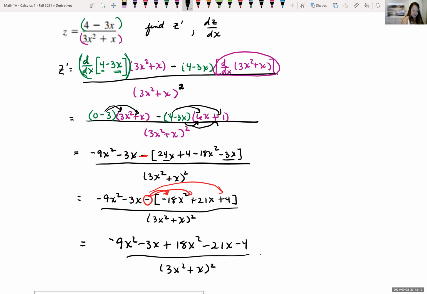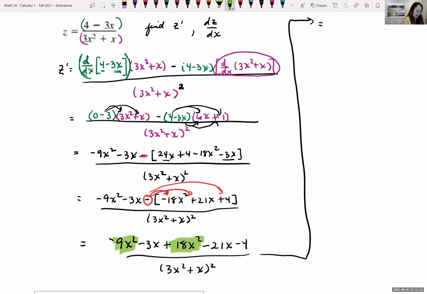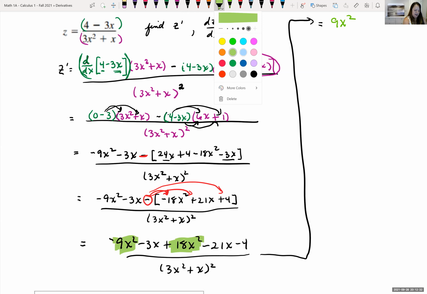Almost there. So combining like terms in the numerator, we now have a -9x squared plus an 18x squared. So that's going to give us a positive 9x squared. Then we have a -3x minus a 21x.